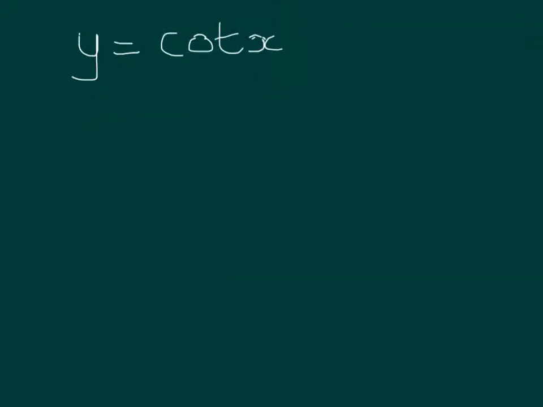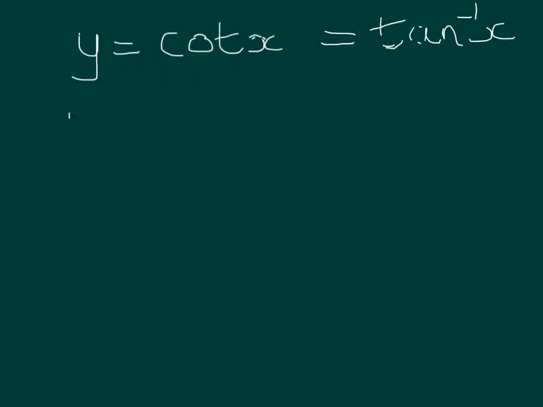Okay, so now we're going to do y is equal to cot x. Now, having seen the previous two, I think you could probably have a go at this yourself. So pause the video, have a go, and then watch the video just to make sure you've really understood how to simplify it down at the end. Pause the video and then press play. Okay, so just like we did before, we're going to put this into 1 over tan, and 1 over tan is just the reciprocal of tan, so we get tan to the minus 1 of x.